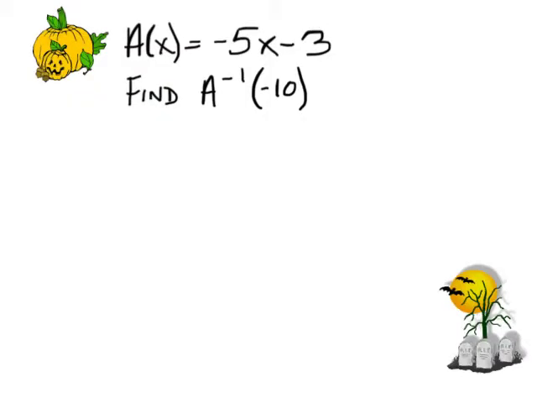Example 4. The function is a of x equals negative 5x minus 3. Find negative 10 plugged in for x for the inverse of a of x. And your first step is to substitute y for that.